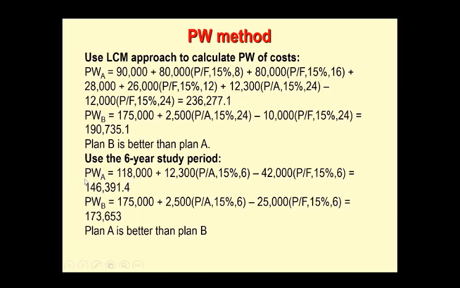Now, present worth of plan A. We have the 118,000, the total initial cost of mover and pet, plus the uniform series present worth of the annual operating cost of mover and pet, minus 25,000 here, 42,000.